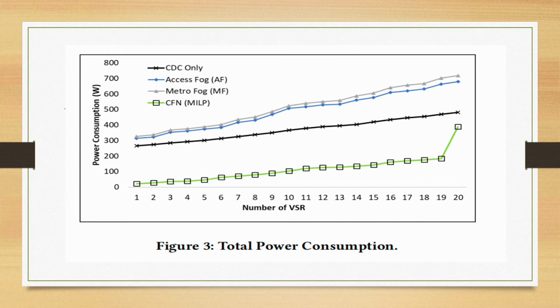We have four different ones: the data center, the access fog, the metro fog, and the mixed integer linear programming one. We can see in the graph that for the MILP it drops suddenly from 19 to 20 for a certain power consumption, and we can see that metro fog has the highest power consumption over here.